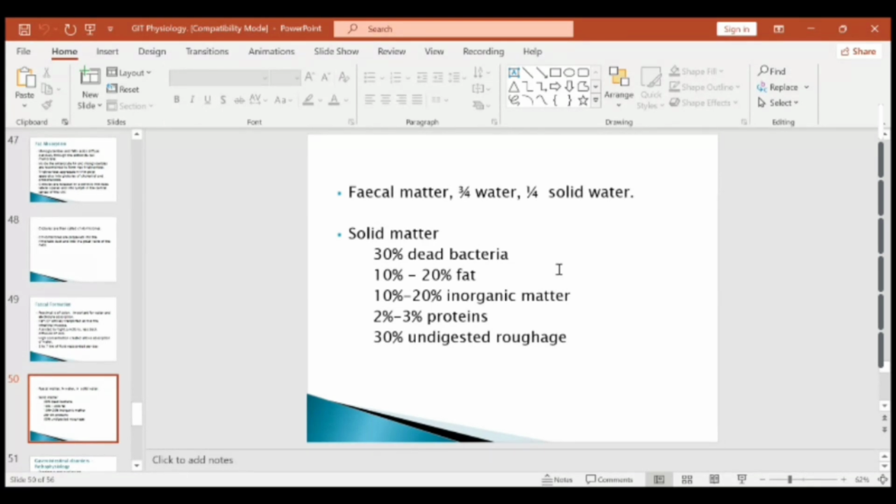Usually bacteria will tend to break them down, but in human beings that aspect is not so much developed, unlike other animals such as the ruminants that have quite a good type of bacteria that is able to digest and absorb the roughage.